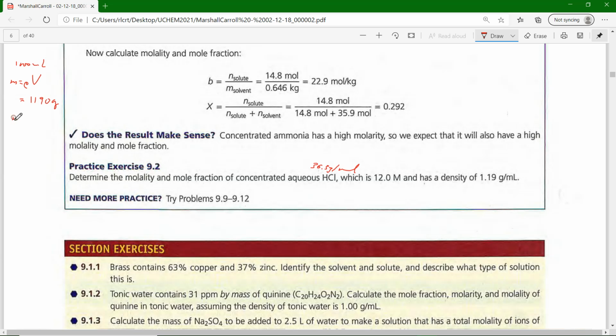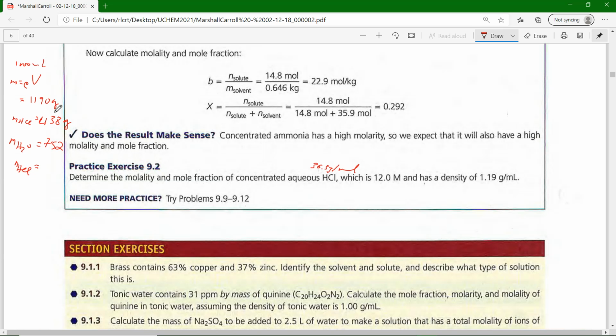The mass of the HCl, well, it's the moles. It's 12 moles times 36.5 grams per mole. So 12 times 36.5, 438. And then the mass of the water would be 1,190 minus 438, 752. Okay, so now the moles of HCl is the grams, 438 divided by 36.5.